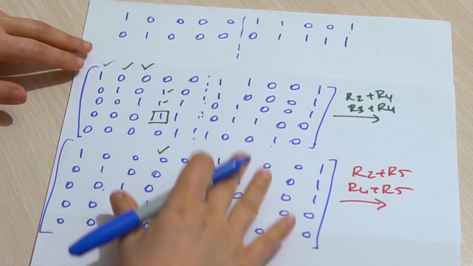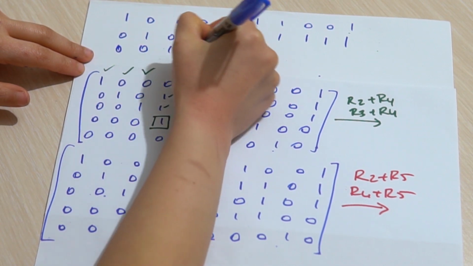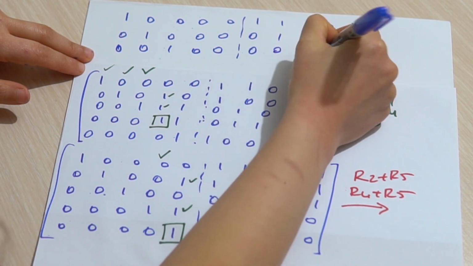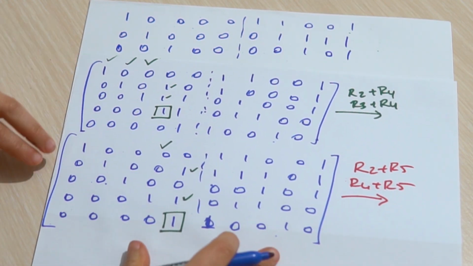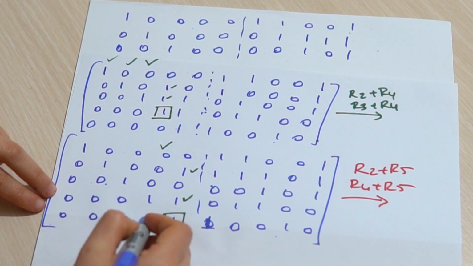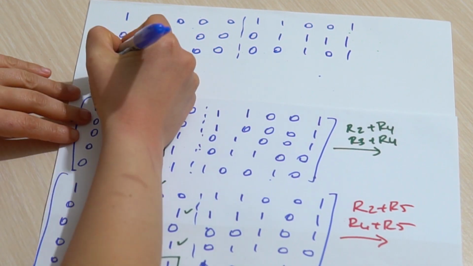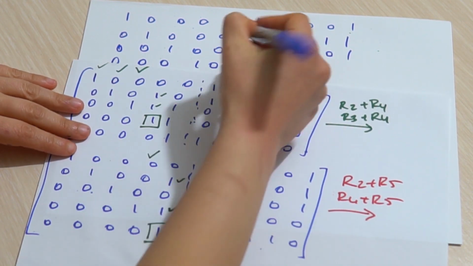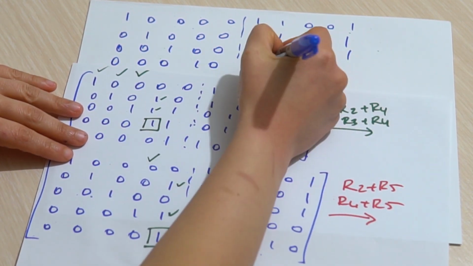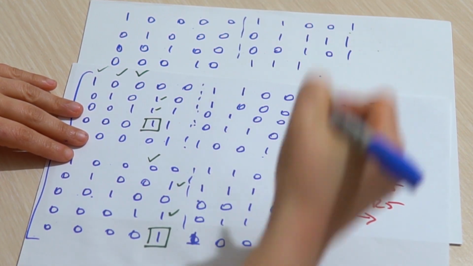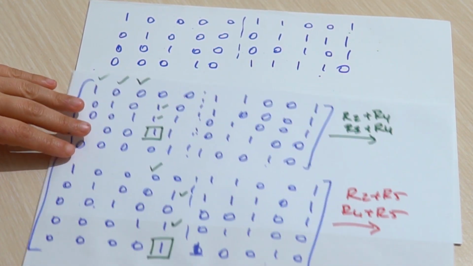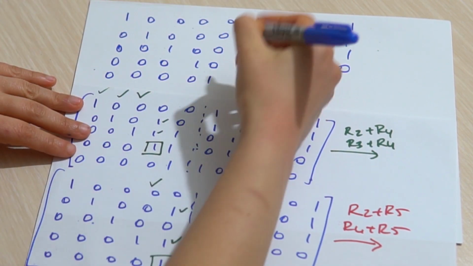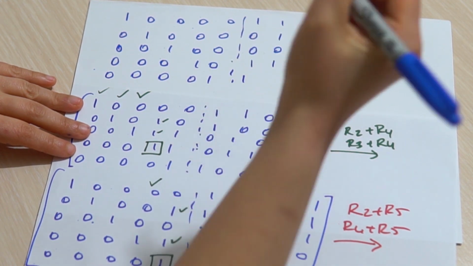Then I didn't change row 3. I will write it's the same. And let's get row 4, 0, 0, 0, 1, 0. This becomes 0, 0, 1, 0. Then I will have 0 plus 1 is 1, 1 plus 0 is 1, 1 plus 0 is 1, 0 plus 1 is 1, 0. And I didn't do anything to row 5, so I will have this one.